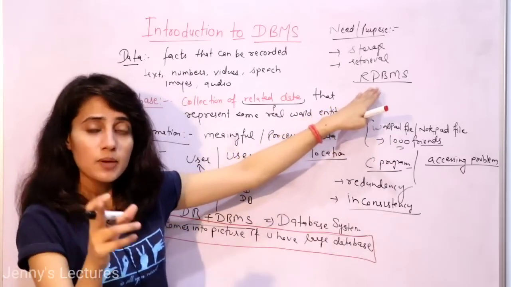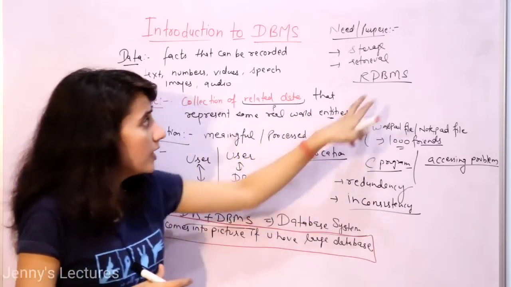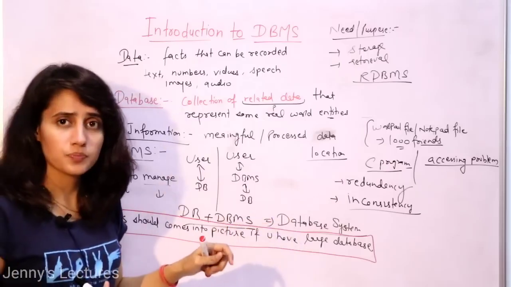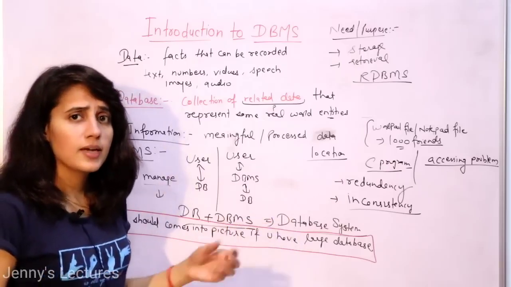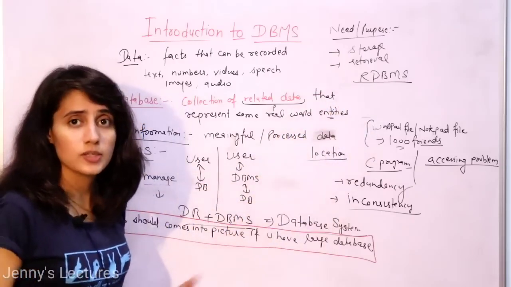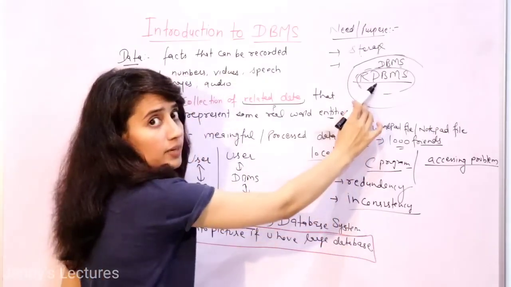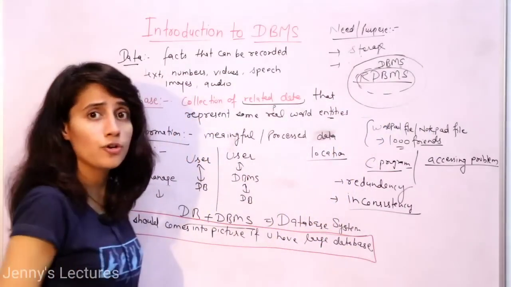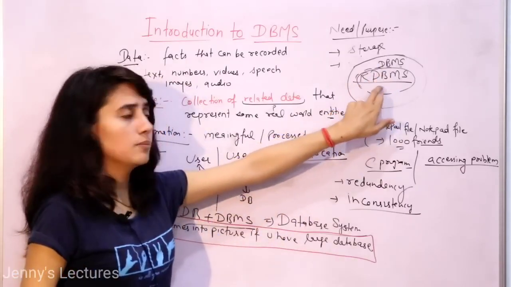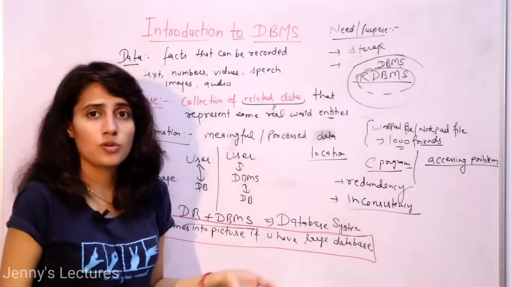In a DBMS, data can be stored in hierarchical form. Now how is RDBMS different from DBMS? Can I say that every RDBMS is a DBMS? Yes, you can say that. Every RDBMS is a DBMS, but it is not true that every DBMS must be an RDBMS, because in a DBMS data may be stored in hierarchical form.